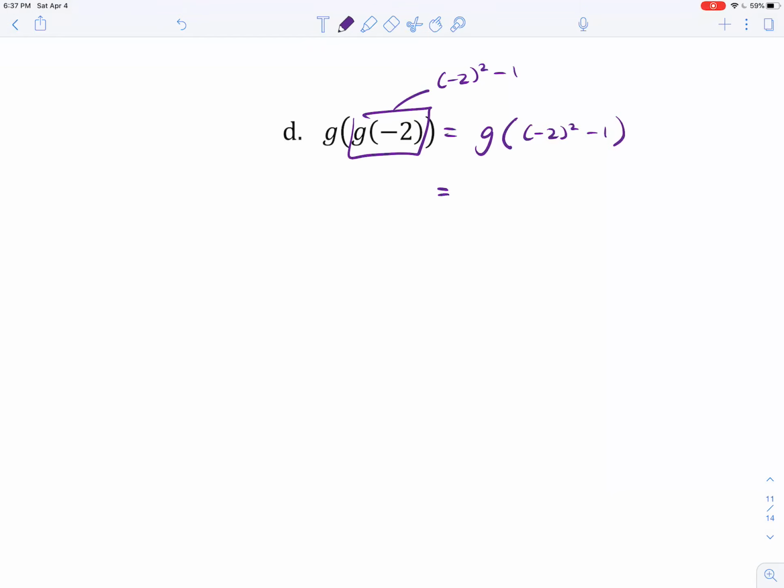Again, it's a real order of operations thing. You go from as far inside the brackets as you can, you work your way out. Negative 2 squared minus 1 is 3. And g of 3 is 3 squared minus 1. So in terms of evaluating, that's what we got. It's pretty neat.